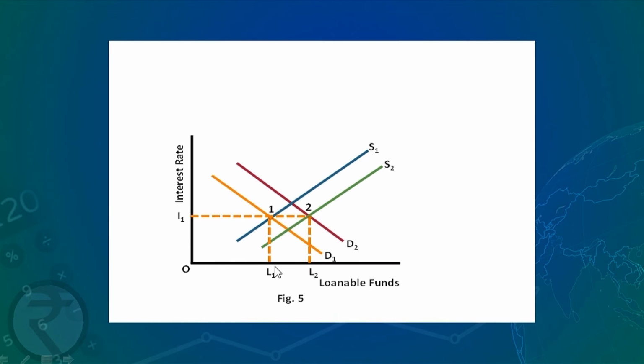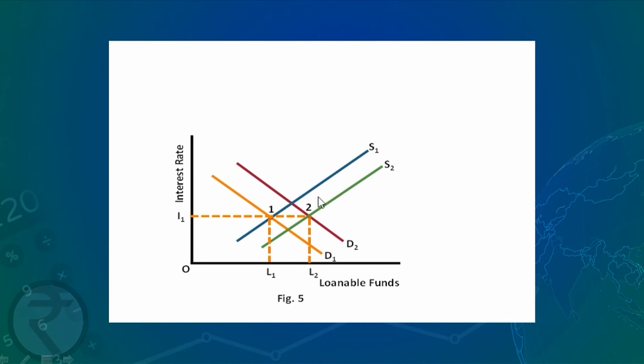Demand for and supply of loanable funds is OL1 in this situation. Now, with the expansionary fiscal policy, demand for loanable funds rises to D2 because of the increased deficit, but people start saving more and consuming less.